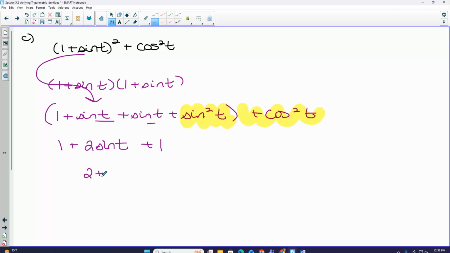So we get 2 plus 2 sine t. A couple different times on your homework you had sine squared something plus cosine squared something. Maybe not right next to each other. You might have had to add the first term and the last term to get there. But that's an important strategy. Is that one okay?